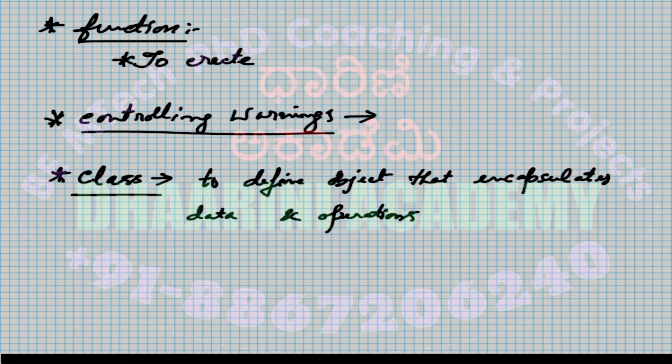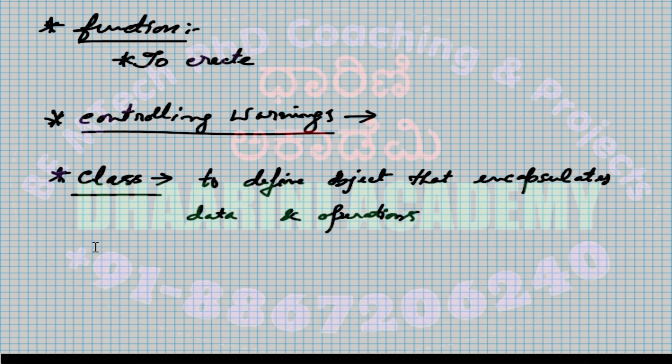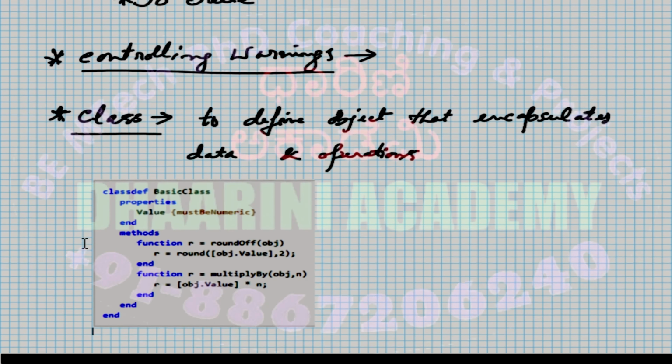I'll directly show you the class that is being created. Okay, I'll just define a class and I'll just show you that. So see, this is an example of the class.